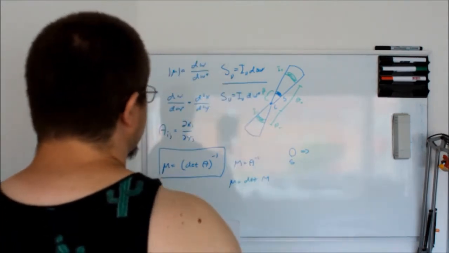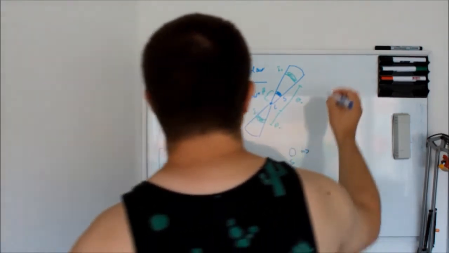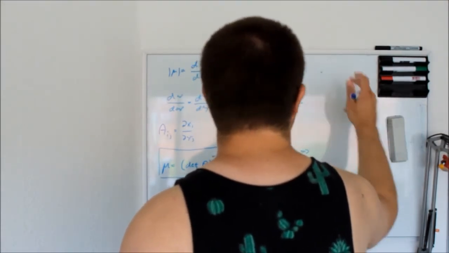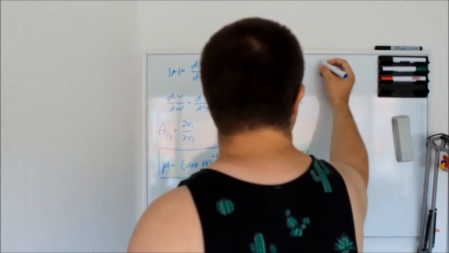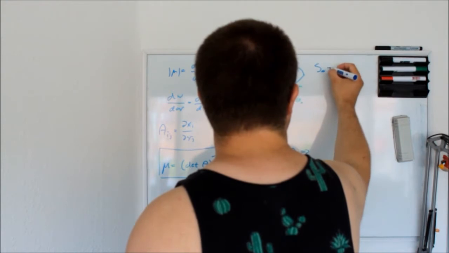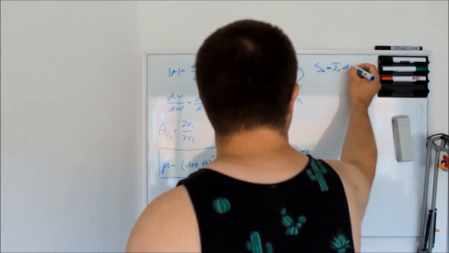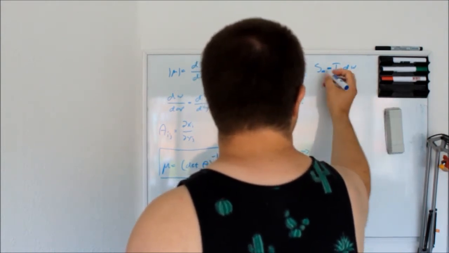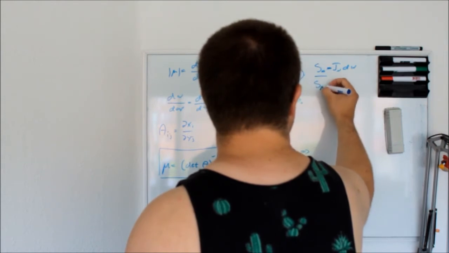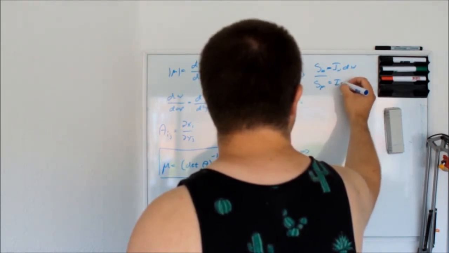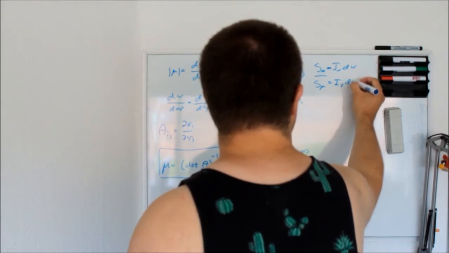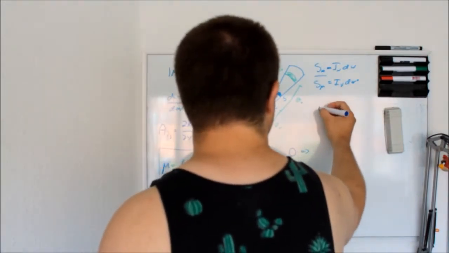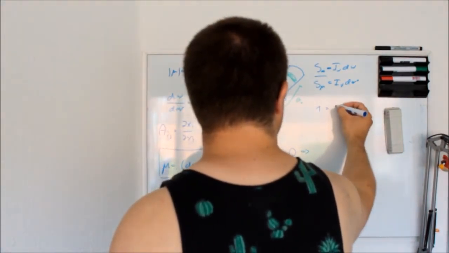So you can divide these two with each other, as I've done here. S nu equal to I d omega star. So S nu divided by S nu is 1. This is also 1.